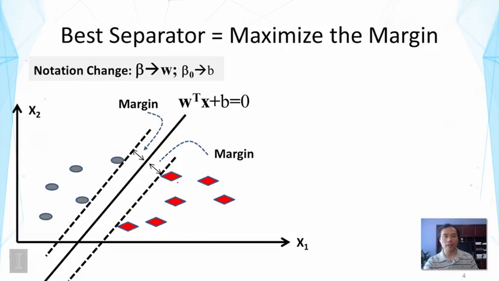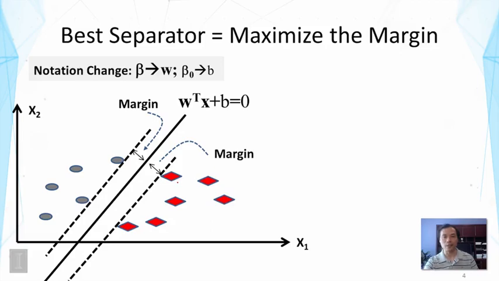Now, on this slide, I've also changed the notation so that I'm not going to use beta to denote the parameters, but instead I'm going to use W, although W was used to denote the words before, so don't be confused here. W here is actually a set of weights. And I'm also using lowercase b to denote the beta 0, the bias constant.